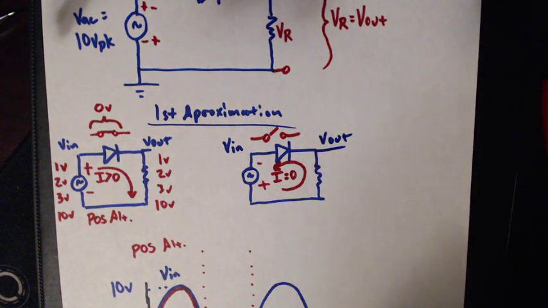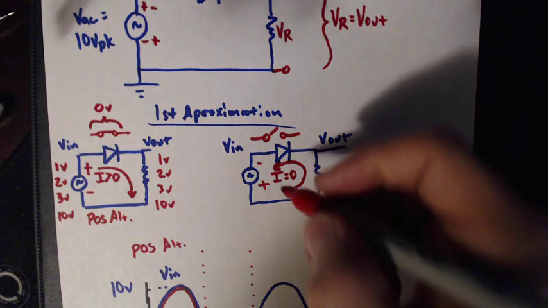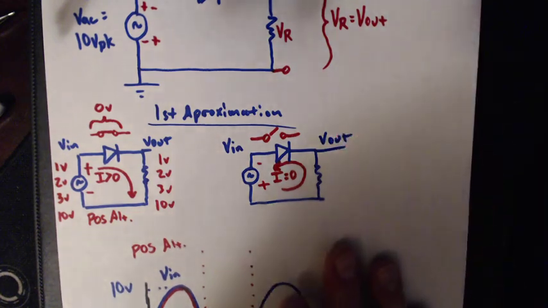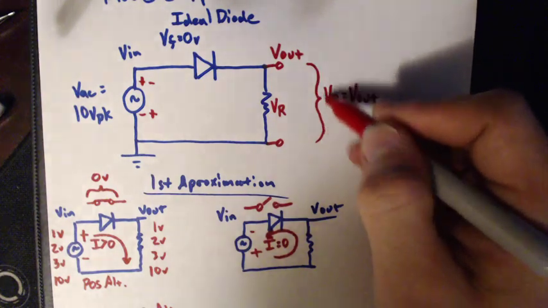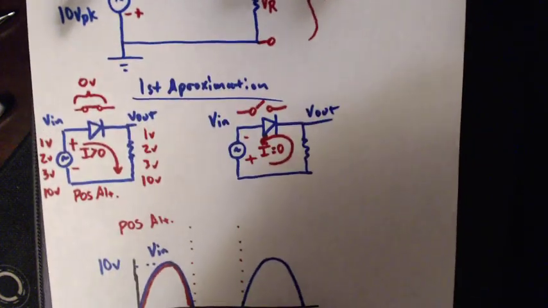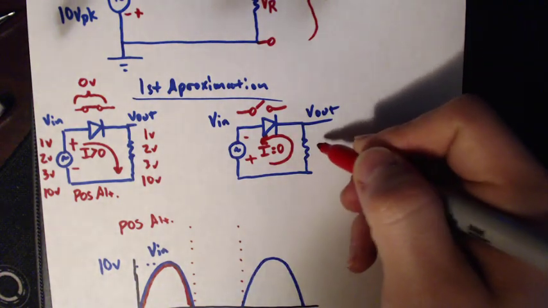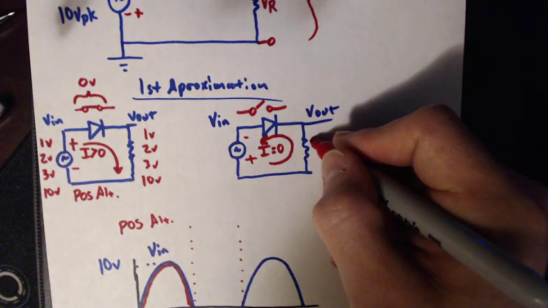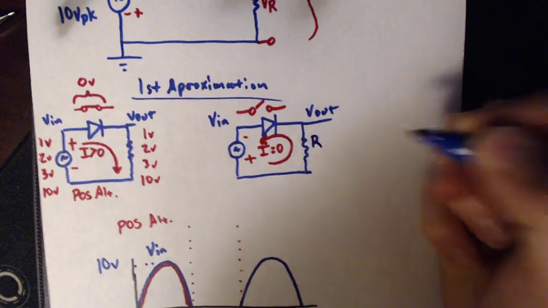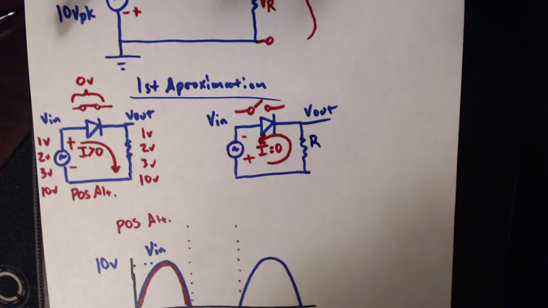So now let's go ahead and look at what happens to V out. Remember, V out again is just the voltage drop across R. So if I have 0 amps going through R, what's my voltage drop across it?